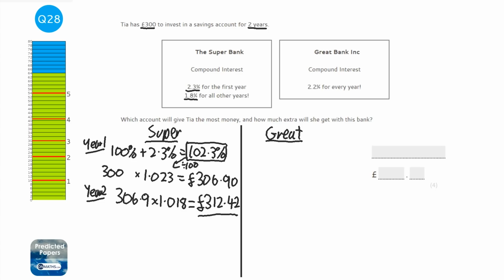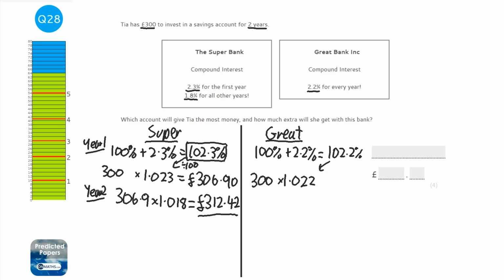Now the great bank's a bit easier because it's just going to stay at 2.2. So let's work out as a multiplier. 100% plus 2.2% equals 102.2%, and then as a multiplier that is 1.022 by dividing it by 100. So we're going to times that £300 by 1.022.